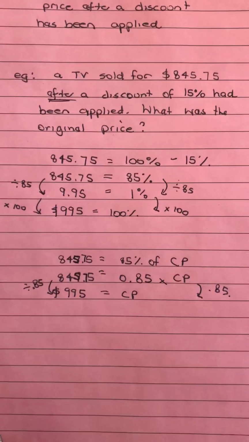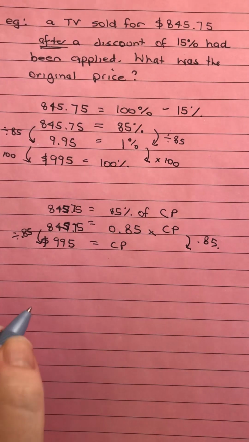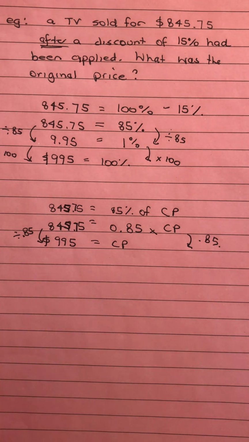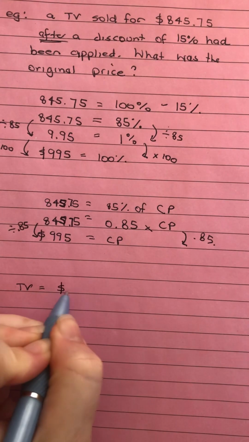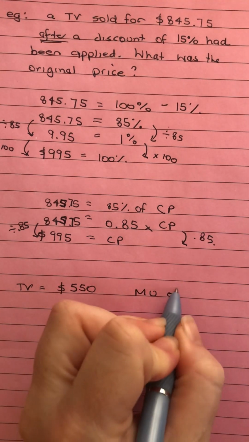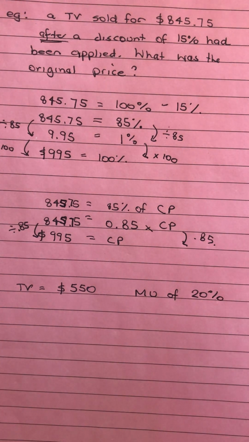Now, if we had a different version of that where an increase was applied, so say we had a TV and we might be looking at the store selling it for, maybe we might make that $550, and they have a markup of 20%, and you're trying to find out what they bought it for.